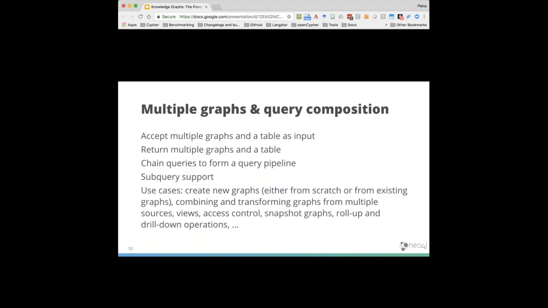You can also combine and transform graphs from multiple sources. You can also have things such as views. This is a very good way to abstract logic, and this feeds directly into the subquery support as well. A number of other things: snapshots, rolling up, drilling down operations, all those business intelligence type operations. But also things like access control, which is certainly very important for many businesses. So this is all about security.